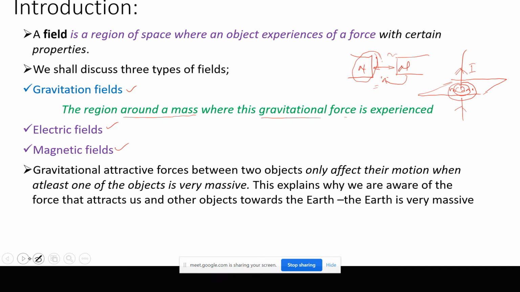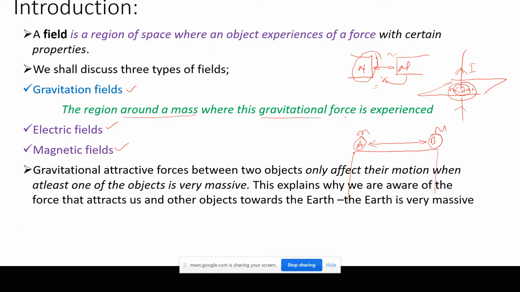So I am saying, if I have two pens or two simple objects on the table, we have object A and object B. Somebody may be wondering, if there is a natural force of attraction between two masses, this is a mass, this is a mass, why don't we see object A moving towards B or object B moving towards A?